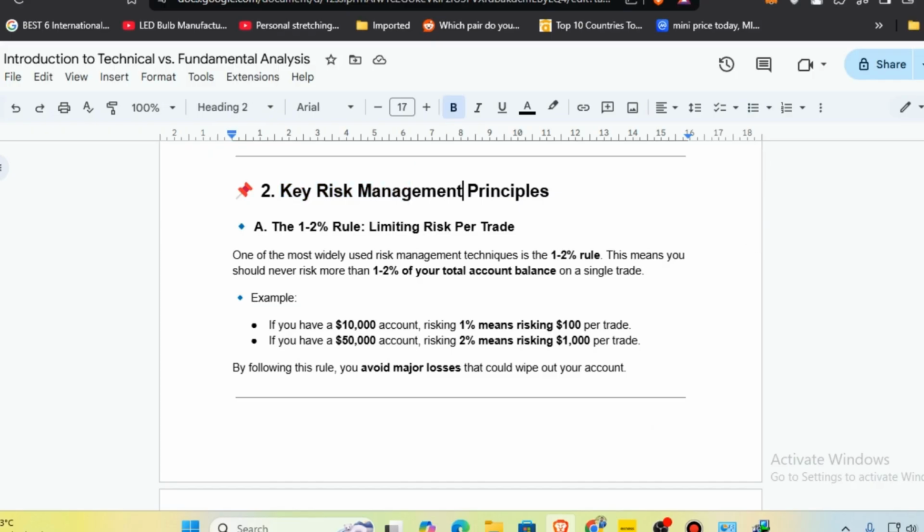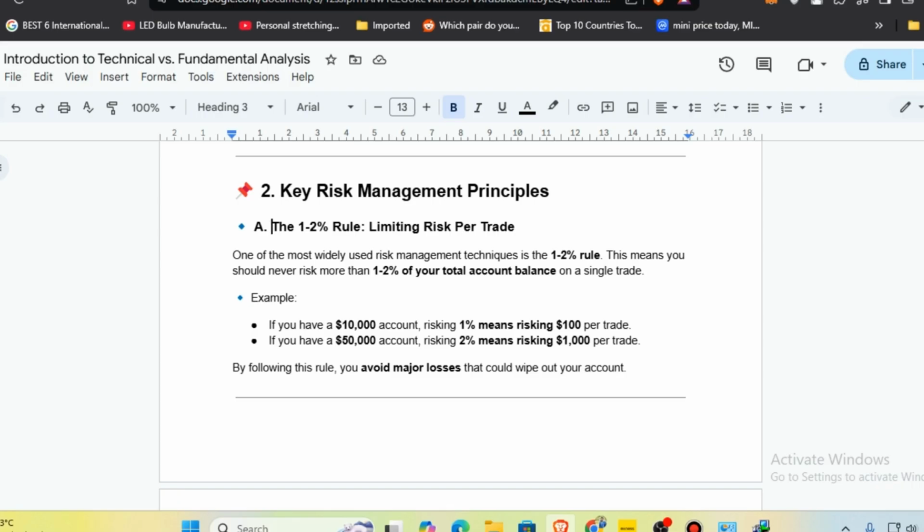These are the simple key management rules, like the 1 to 2% rule, limiting risk per trade. This is a simple example. If your account is $1,000, then you should not risk more than $10 or $20. How and why does this work?